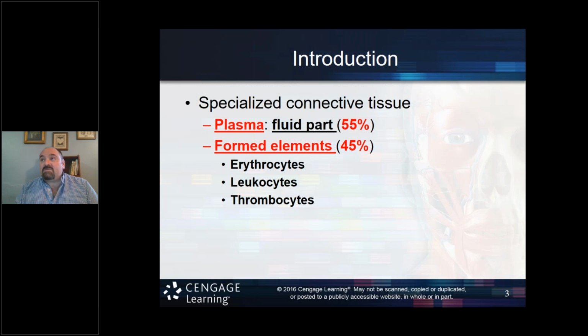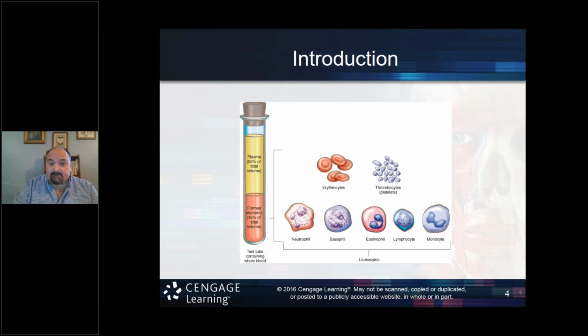The formed elements, when we think formed elements, you need to think in your mind cellular components of the blood. So we have the red blood cells, the white blood cells, the platelets, properly known as the erythrocytes, the leukocytes, and the thrombocytes. Here, as a result of spinning and being able to look at the separation of the plasma from the formed elements, you'll see that the plasma is 55%.